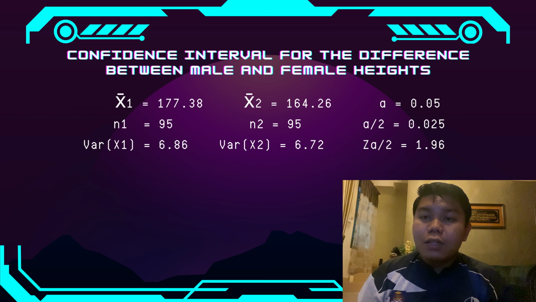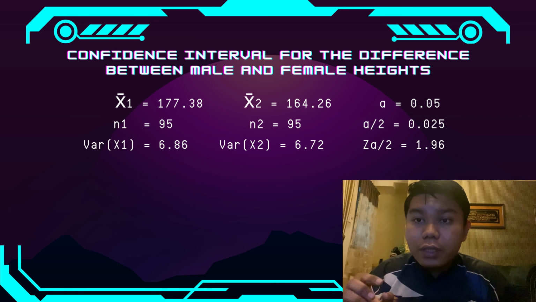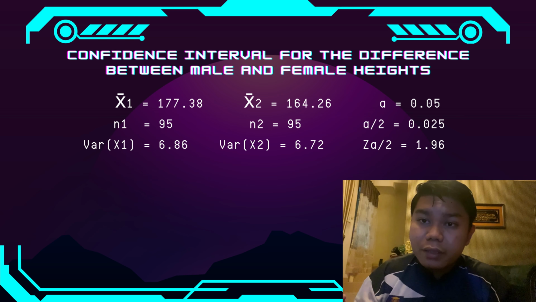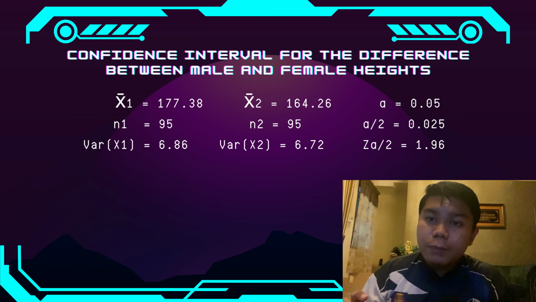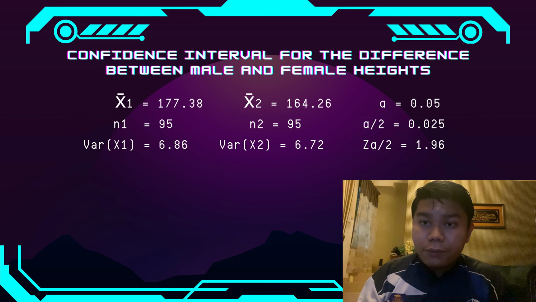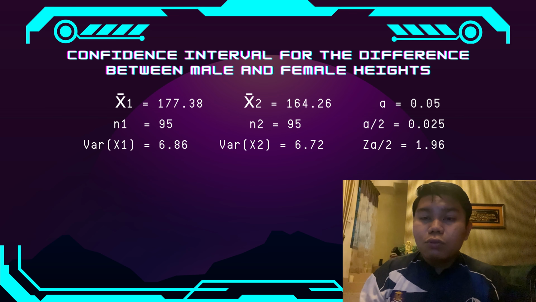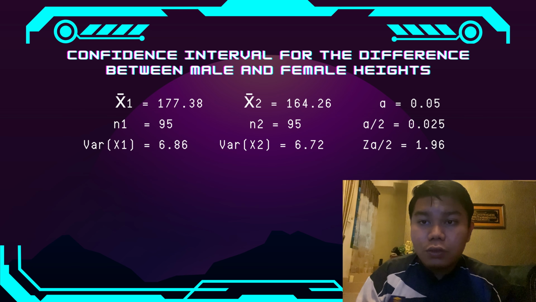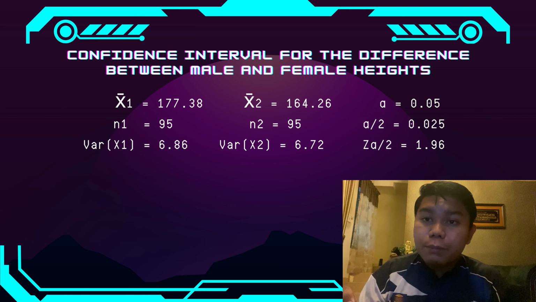For this section, we will use 95% confidence, so the alpha value will be 0.05. When alpha is divided by 2, we get 0.025. To find z alpha over 2, we can get it from the table, which gives z alpha over 2 as 1.96.